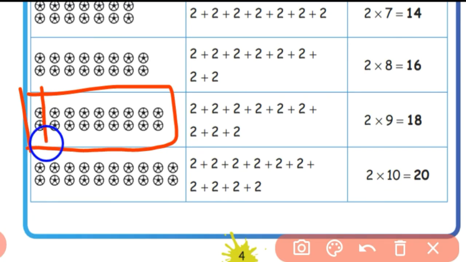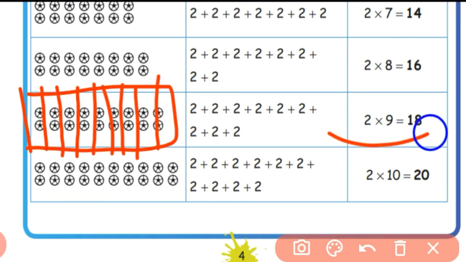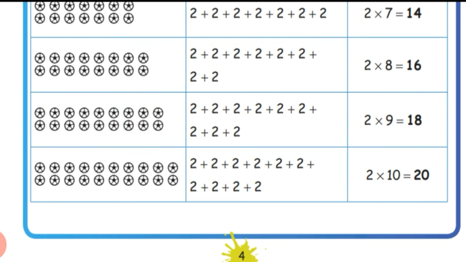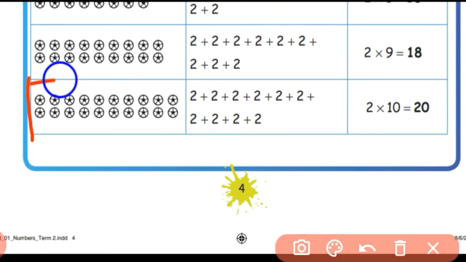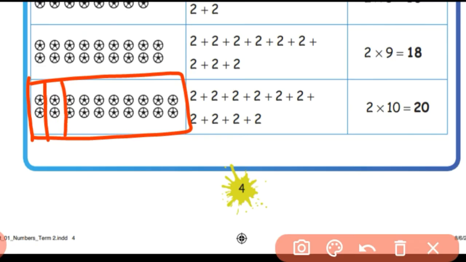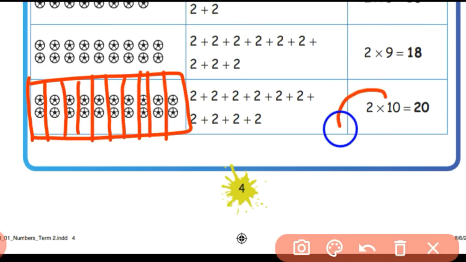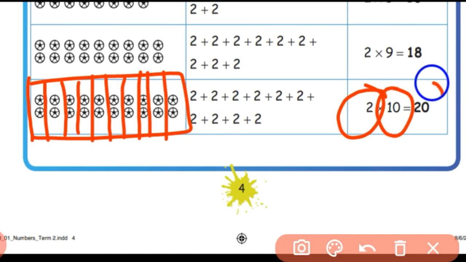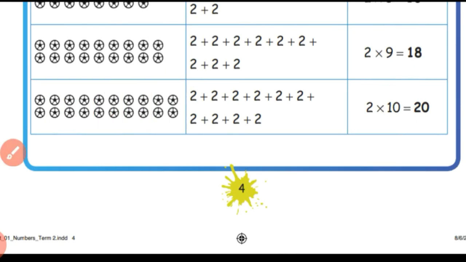Next one, 2 into 9 is equal to 18. Last one, 2 into 10 is equal to 20. Here 2 balls, 10 groups, total number of balls is 20. This is the multiplication table of 2.